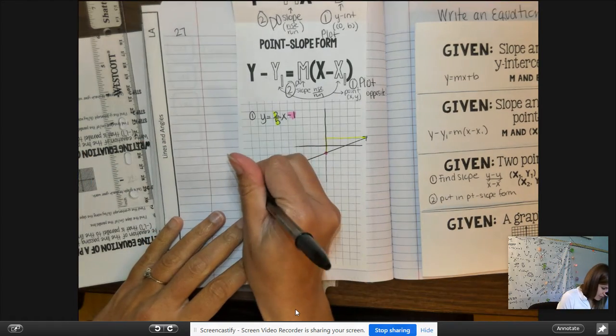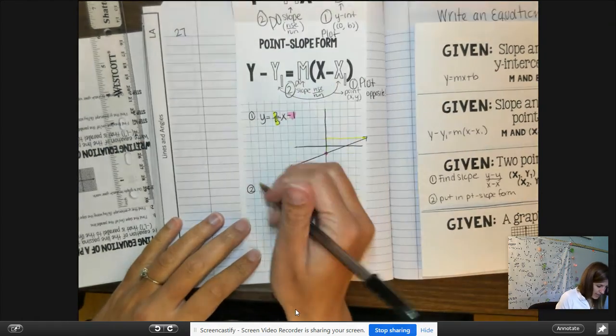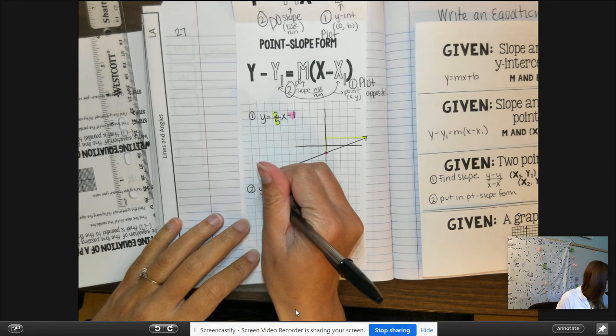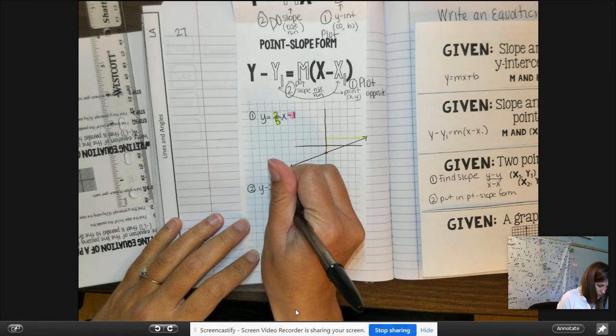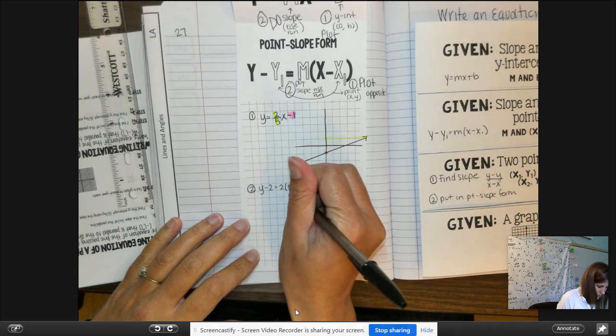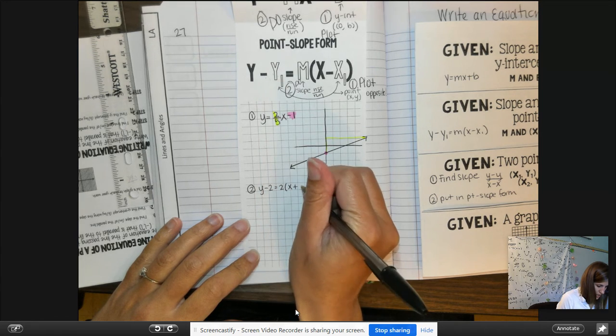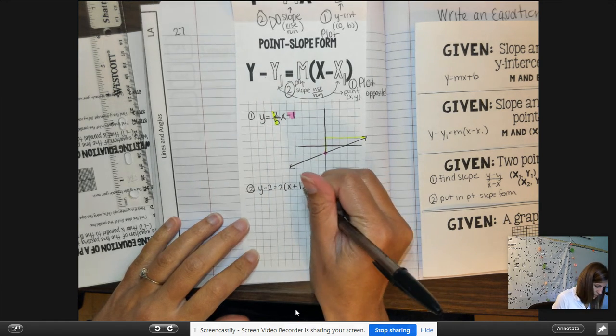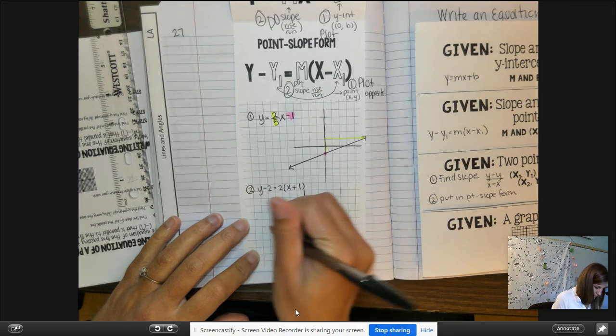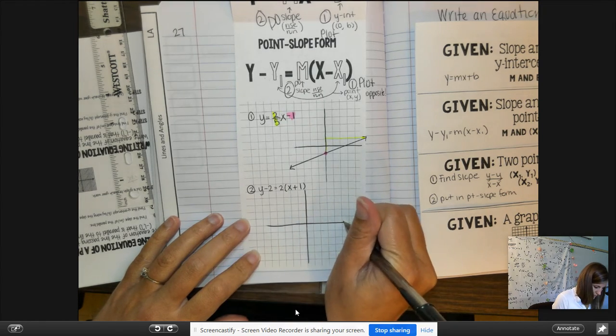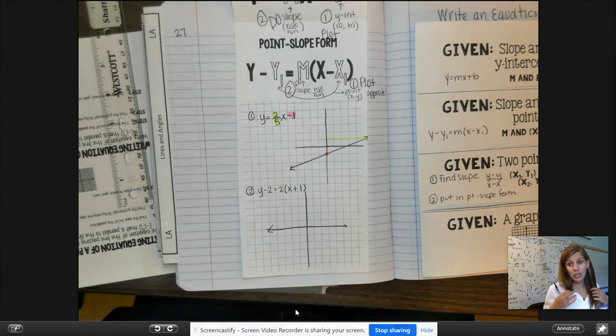Okay, and then if we try one in point slope form, let's say we have y - 2 = 2(x + 1). Okay, so this one's a little bit trickier.